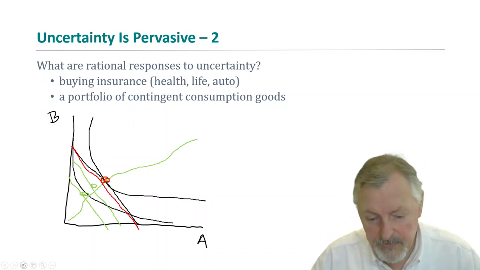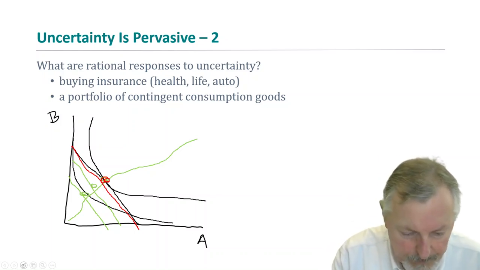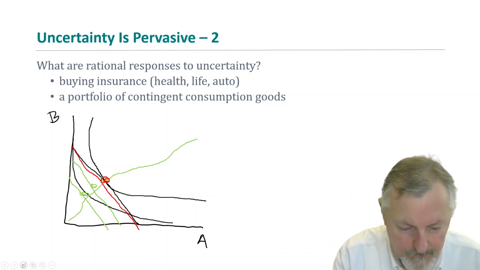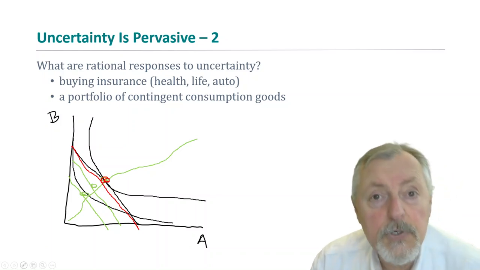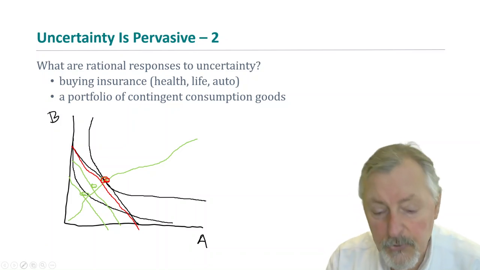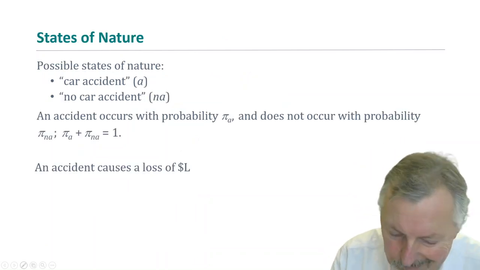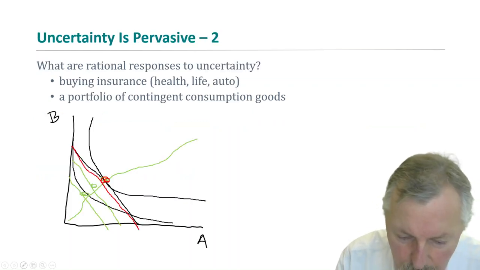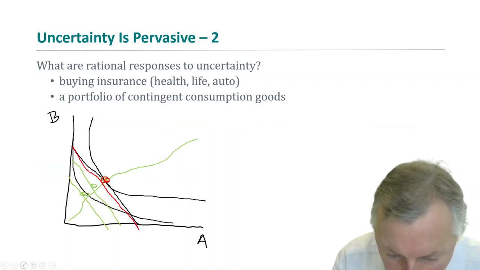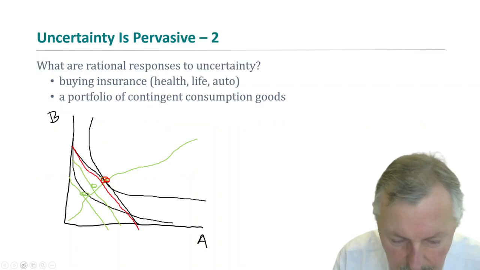So what you do is this. I'm going to try the pen one more time. The slope of the indifference curve is the marginal rate of substitution. I really want this to work. And here we go.